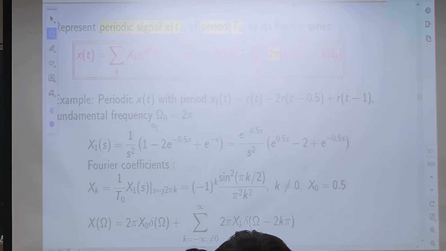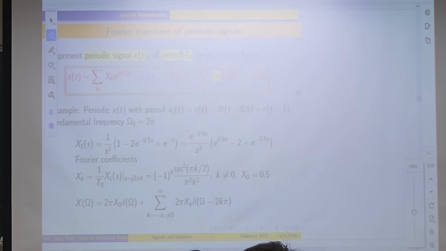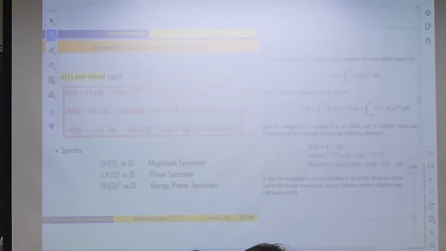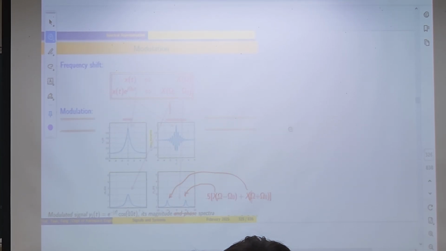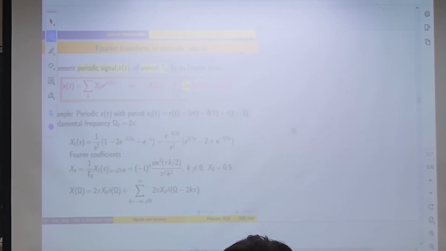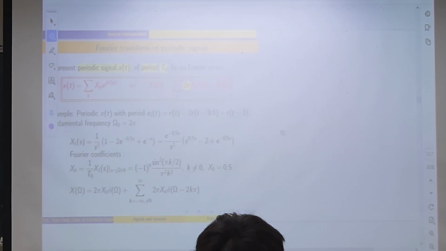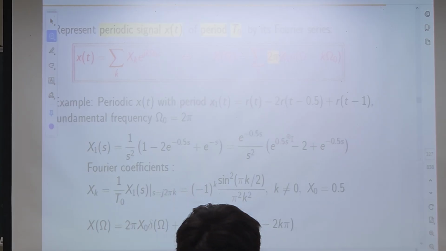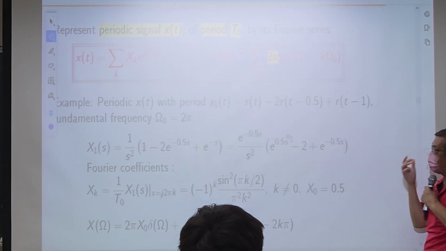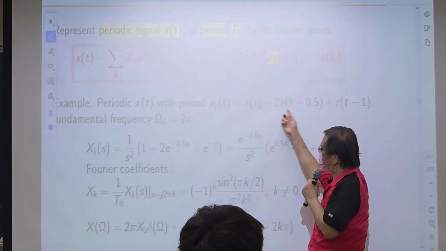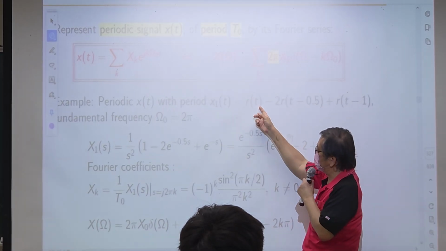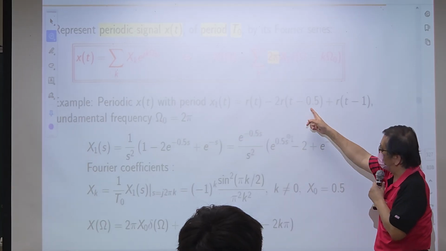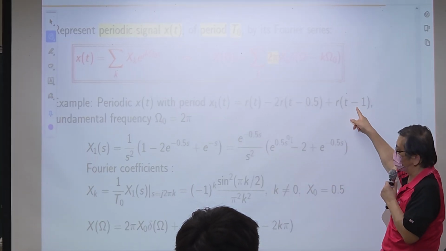So now if I use the Laplace transform directly on x1, this is the ramp, this is the ramp with a time delay, and this is the ramp with another time delay.